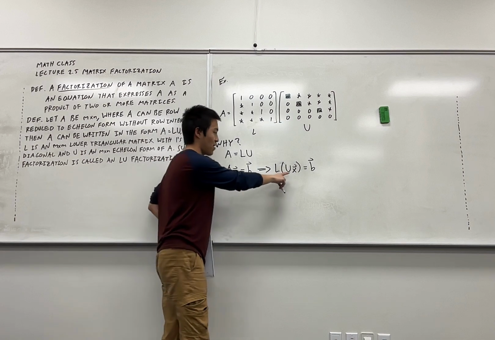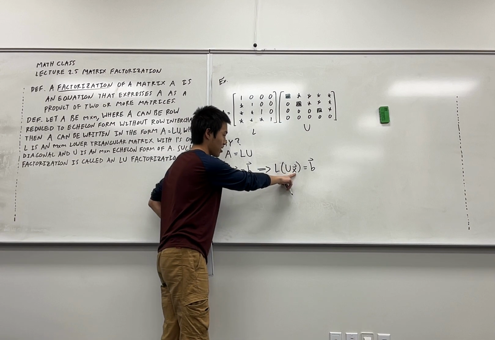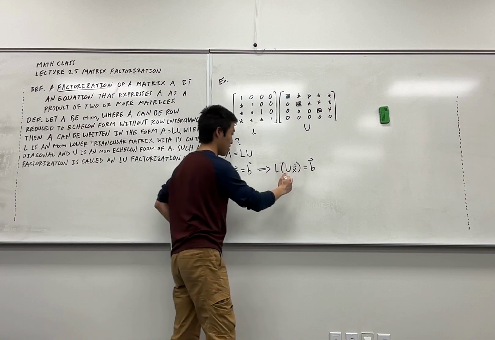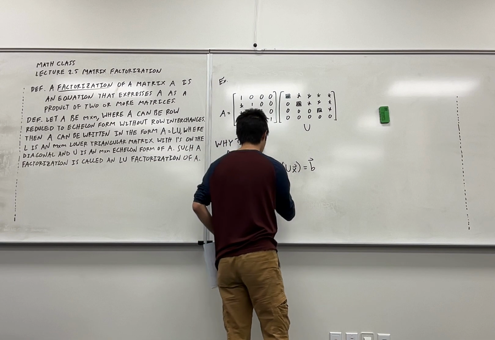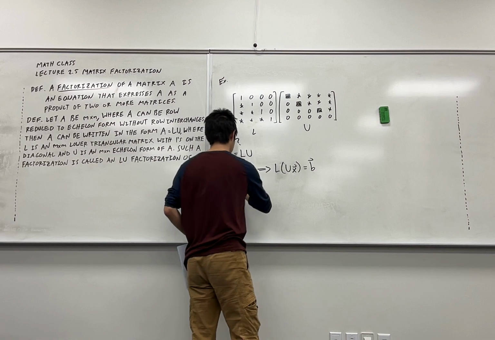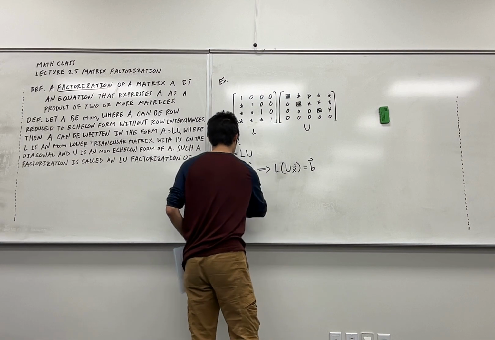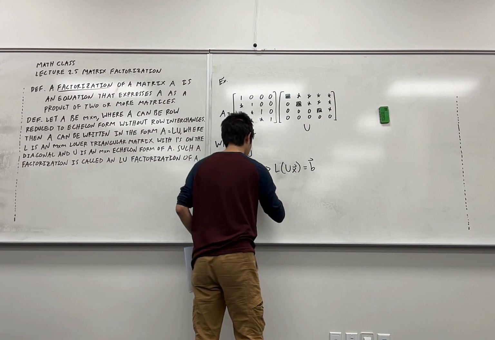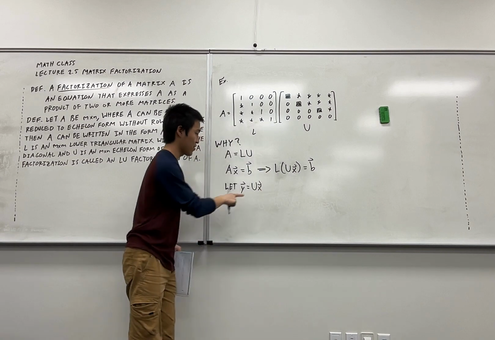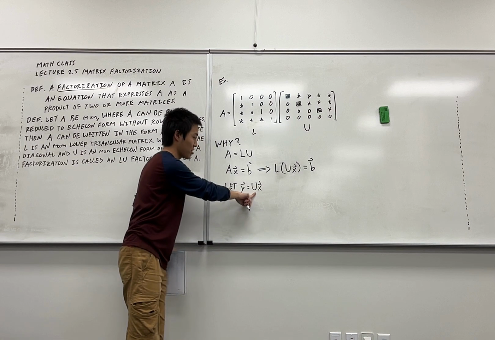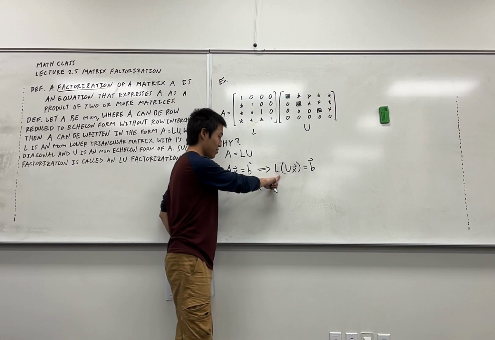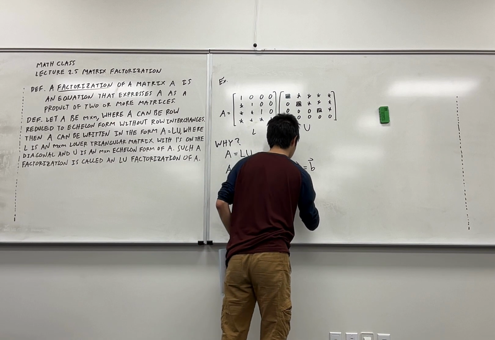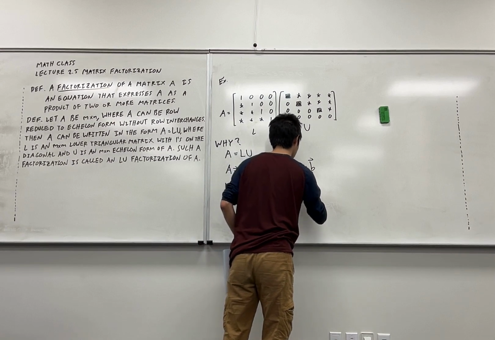But I know that if I am transforming my vector X via U, that itself is a vector. So let's call that vector Y. So if we let some vector Y stand in for the vector that results from taking X and transforming it with U first, then that makes this equation L times just that vector Y is equal to B.